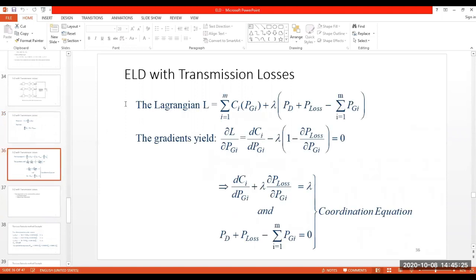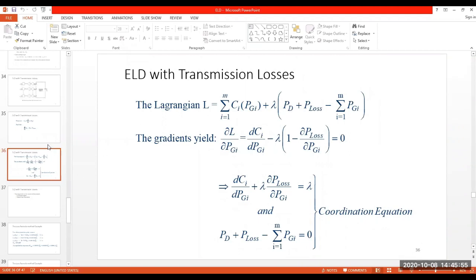So to solve this problem, we have already formulated the ELD. Again, you formulate the Lagrangian. Remember, first the original cost function CT will come, plus, because you only have the equality constraint now, you will only use the Lagrange multiplier lambda, and then you rearrange your equality constraint in this fashion.